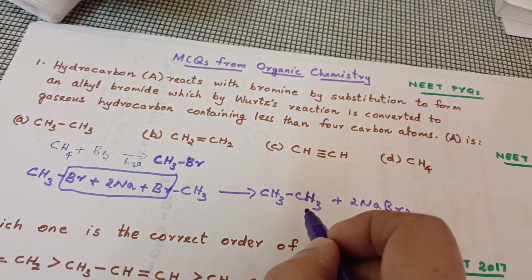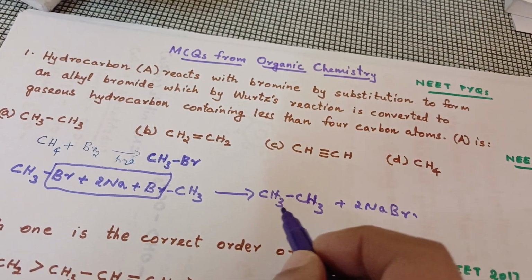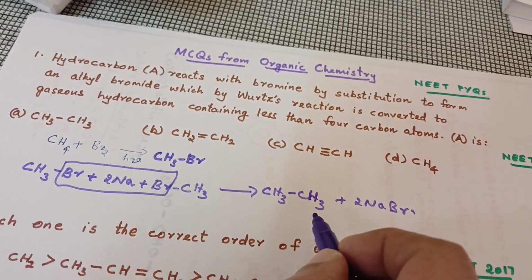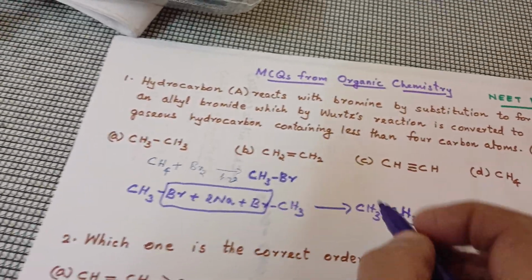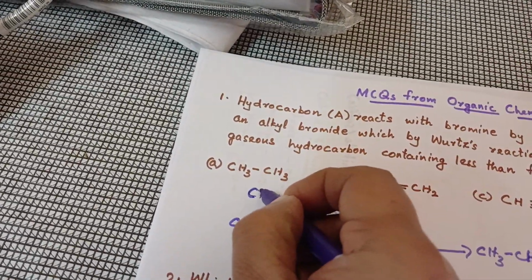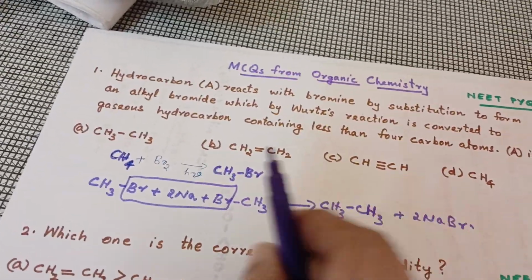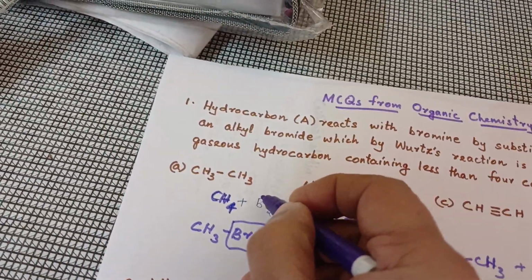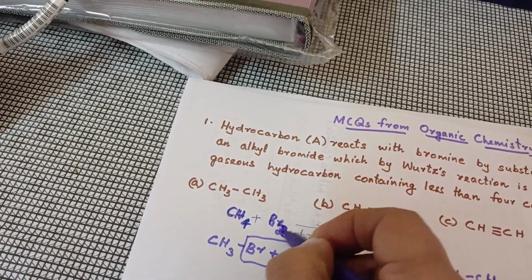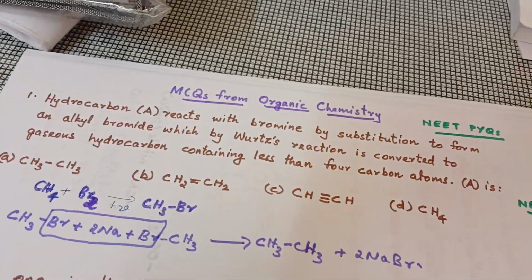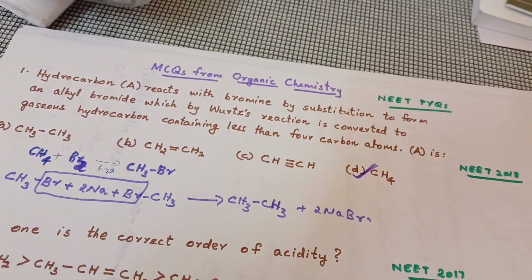So here we can see that this is the product which we are getting. This is gaseous, having less than 4 carbon atoms. So our initial compound, the initial hydrocarbon, an alkane, is CH4 or methane. So option D will be the correct choice.